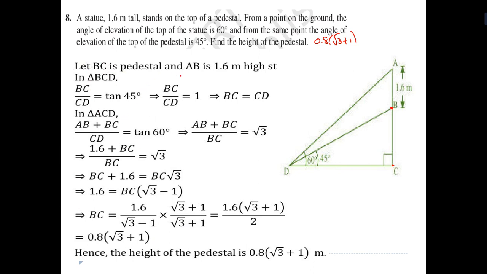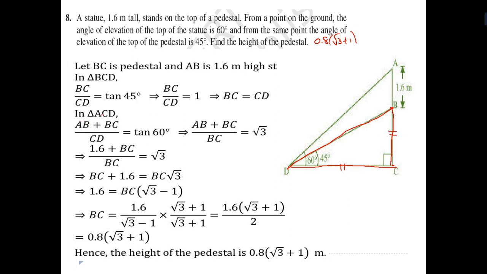Let BC be the pedestal and AB be the 1.6 meter high statue. In triangle BCD, the first small triangle, at 45 degrees, BC and CD are the same.